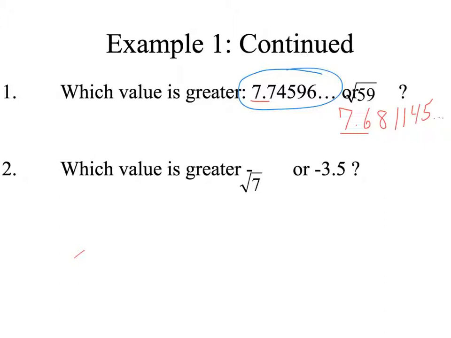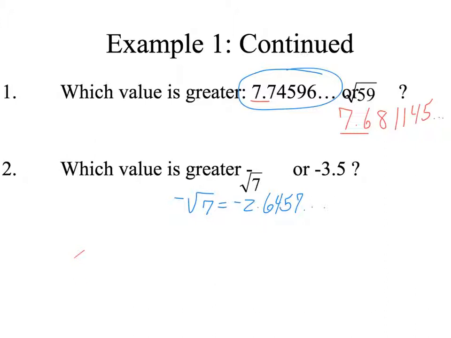The second problem down here is negative square root of 7. And the negative square root of 7 in the calculator is negative 2.6457... And I'm comparing it to negative 3.5. Remember how negatives work. The smaller the negative, the bigger the value.